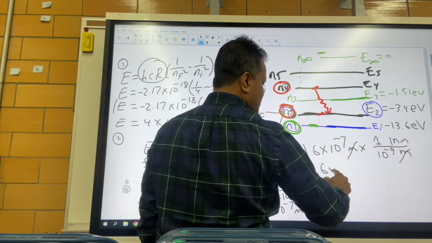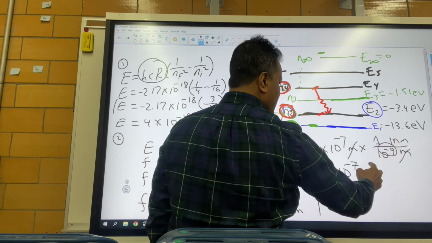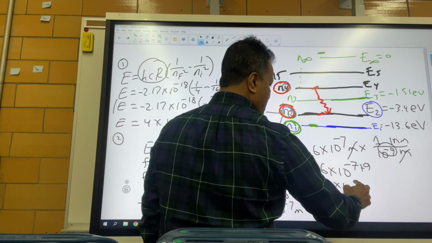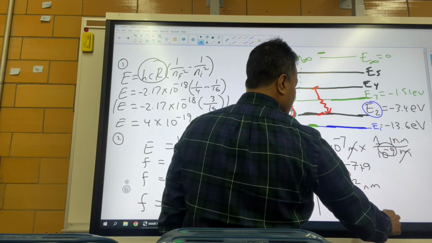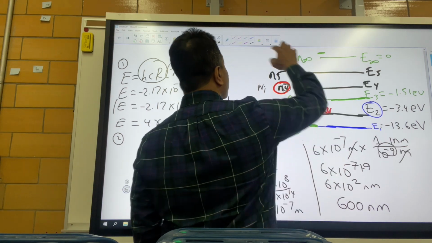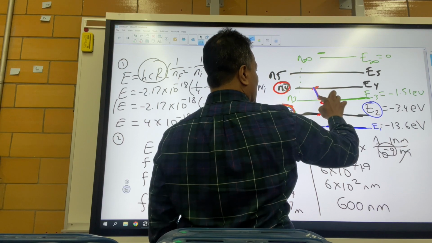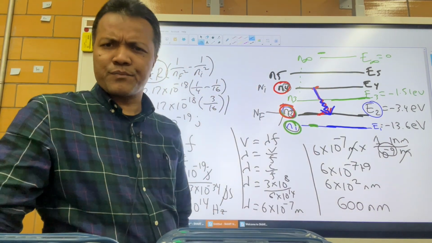So 6 times 10 raised to negative 7 plus 9, 6 times 10 squared nanometer. So 600 nanometer. So this light must be blue. So this must be blue or green. All right.